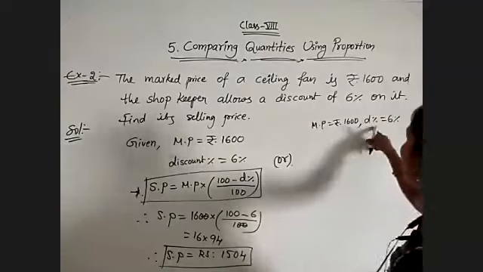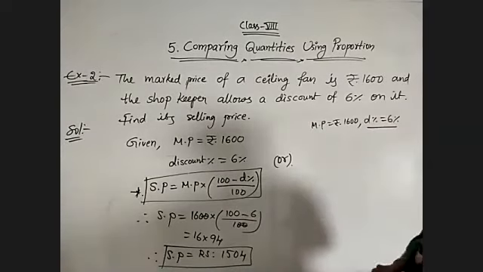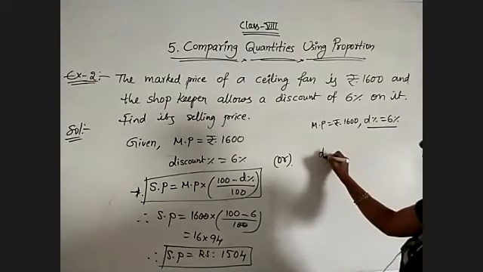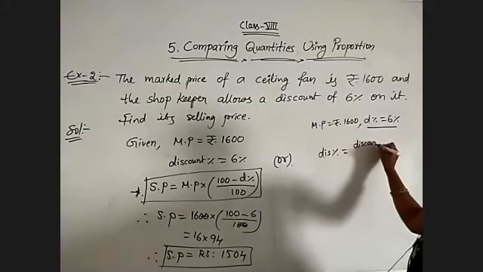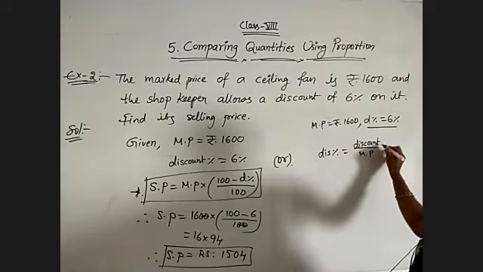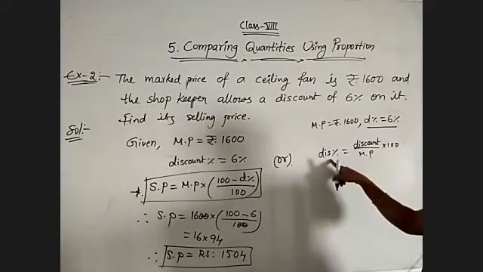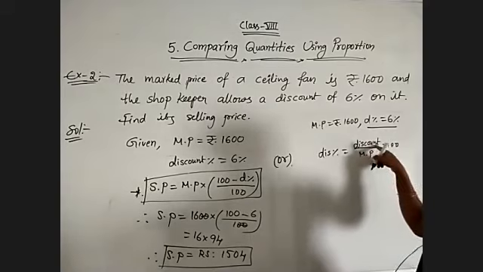Okay, use first this relation: discount percentage is equal to discount by MP into 100. So we have MP and discount percentage, that means we can find out discount.